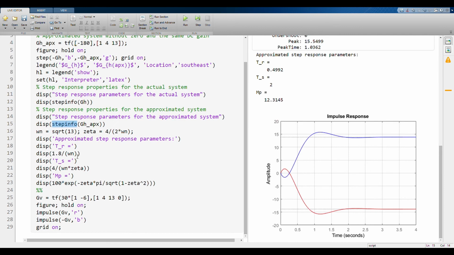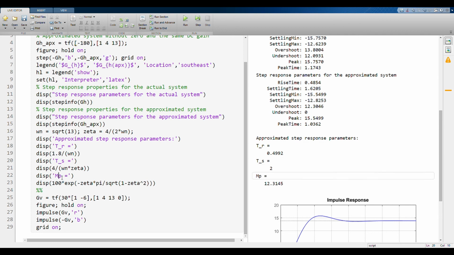On the other hand, we are also referring to the formulas that we had in order to calculate the values for the rise time, settling time, and overshoot, referring to the values of omega n and zeta. We have omega n equal to square root of 13 and zeta is equal to 4 over 2 times omega n. And then for rise time, we have 1.8 over omega n.